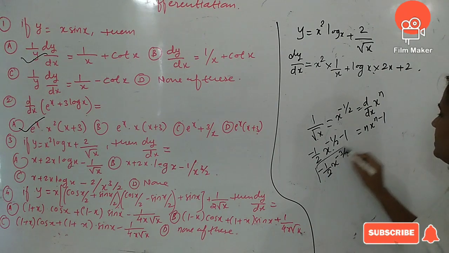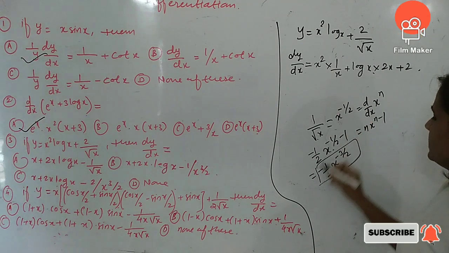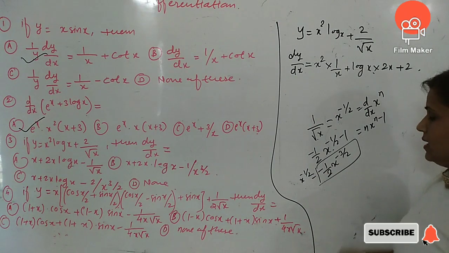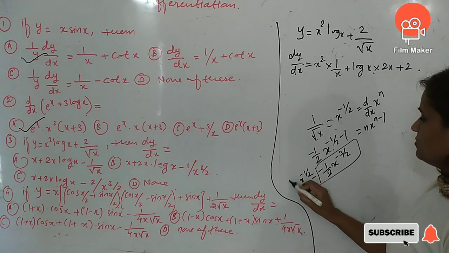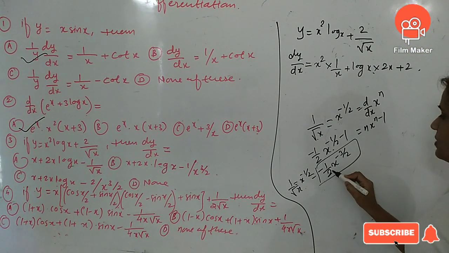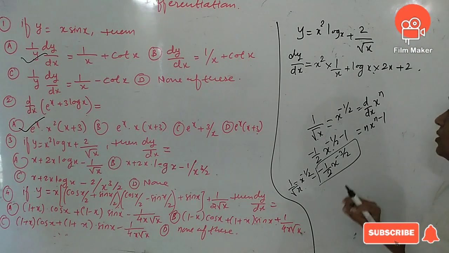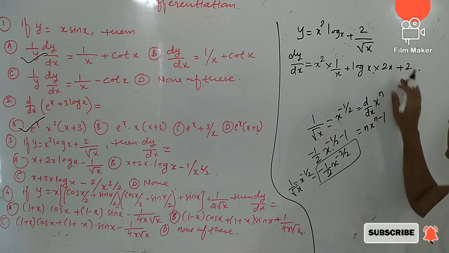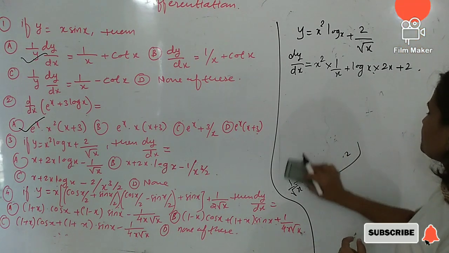So this is the derivative of x to the power minus 1 by 2, and x to the power minus 1 by 2 means it is 1 upon root x. So 1 upon root x derivative is minus 1 by 2, x to the power minus 3 by 2. I did this calculation in rough, and I am directly writing it here.